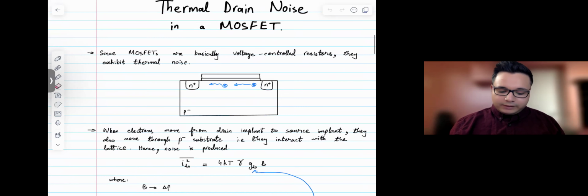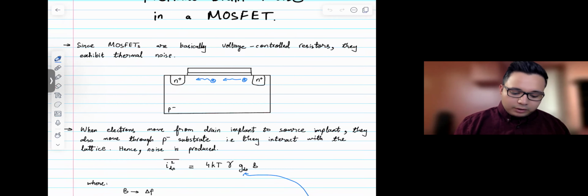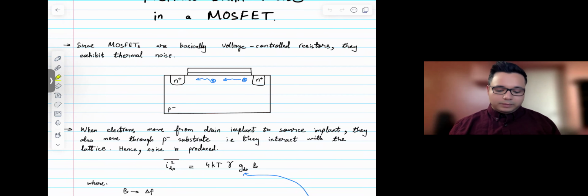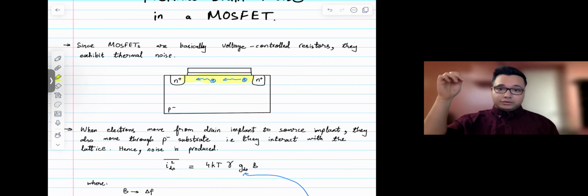MOSFETs can be thought of as voltage controlled resistors, right? In a typical MOSFET, for example here I have a typical NMOS, we have this channel. When electrons are flowing from the drain implant to the source implant, they're also going to pass through this P minus region, which is the channel.